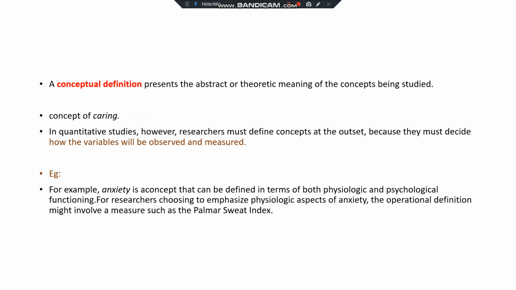It is the concept about the study: how the variable will be observed, what things we are going to measure, what exactly we are measuring, what variable we are going to check. All of this comes under the conceptual definition, the concept of caring, the concept of assessing anxiety, or the concept of well-being.